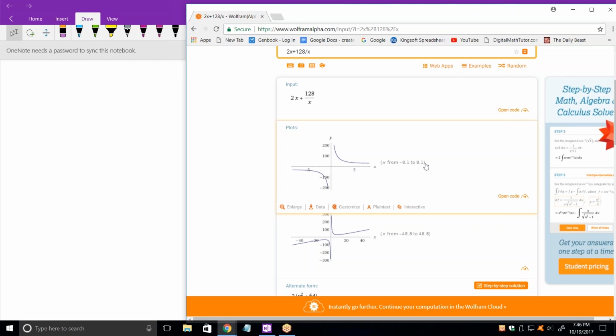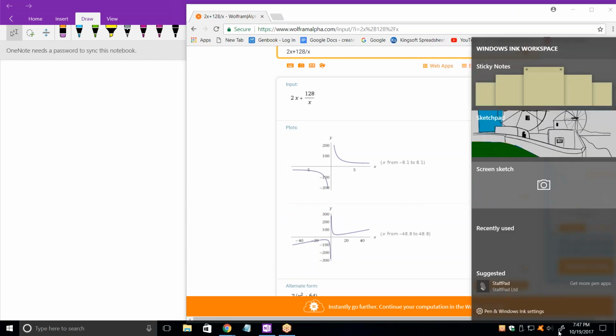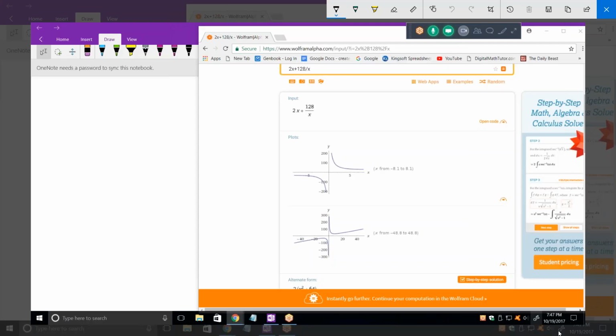Looks just like a hyperbolic function. But if we looked at the zoomed out version, which is the lower one, we can see that there is clearly a flat tangent line right here, and a flat tangent line there.